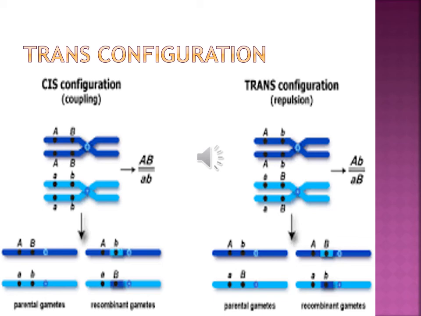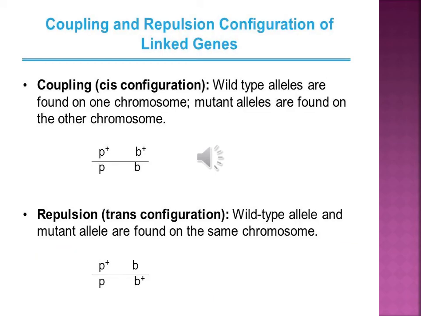That is a trans configuration. Coupling and repulsion of linked genes: wild type alleles are found on one chromosome and mutant alleles are found on the other chromosome. Then when the wild type allele and the mutant allele are found on the same chromosome, that is repulsion.